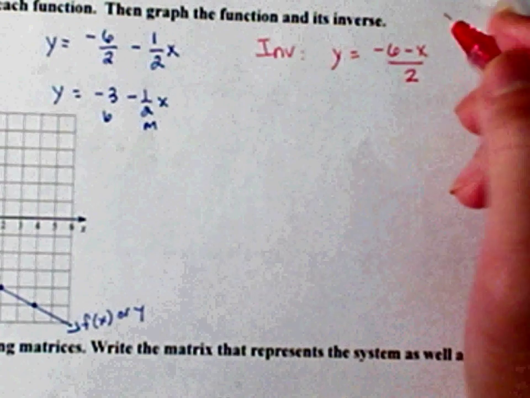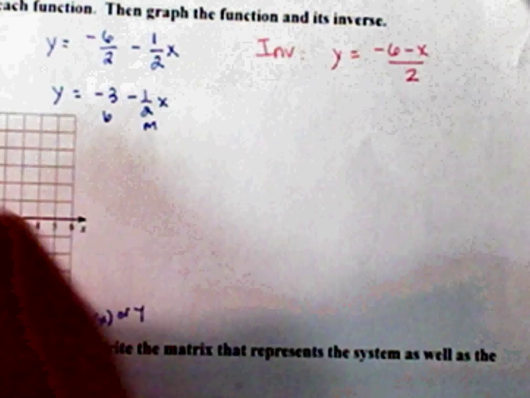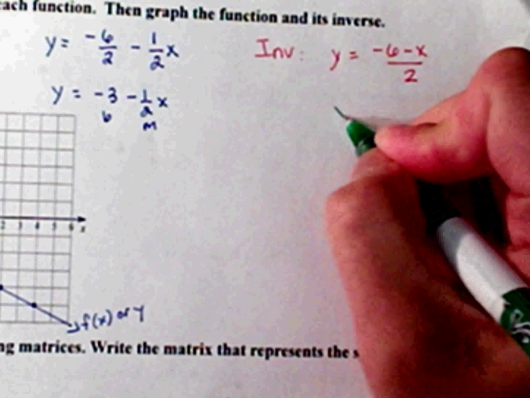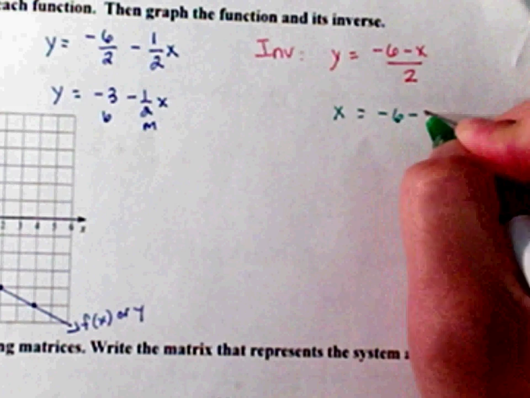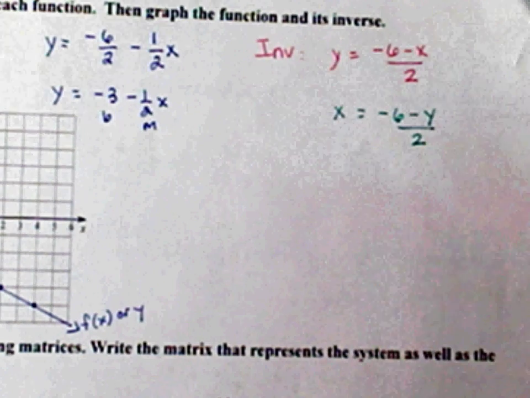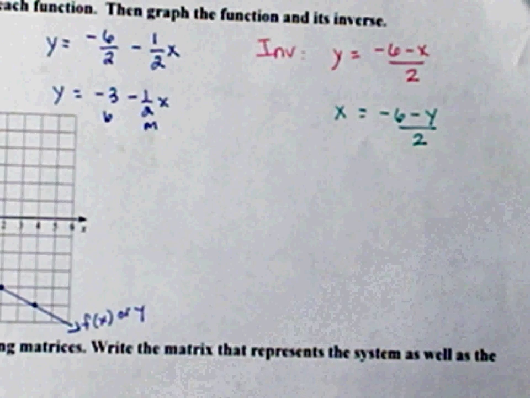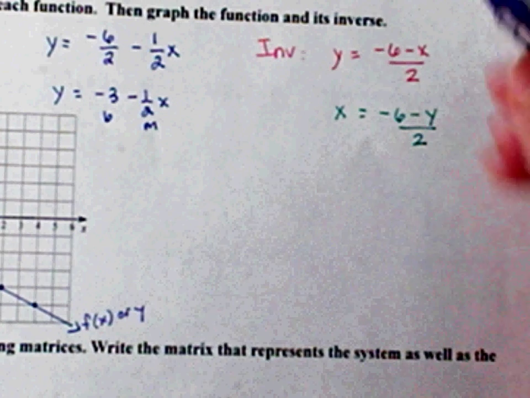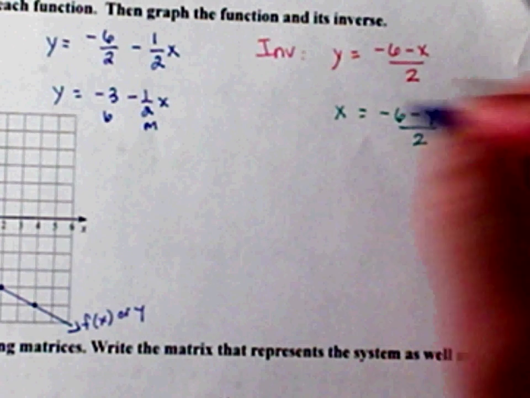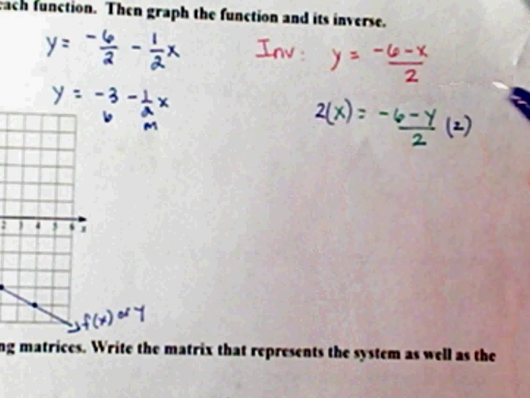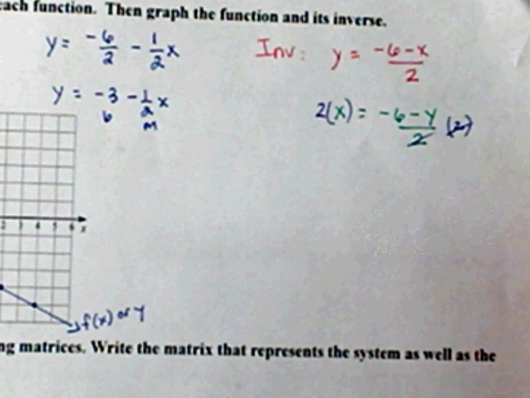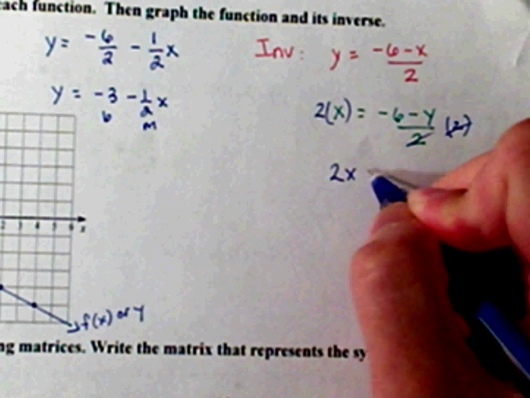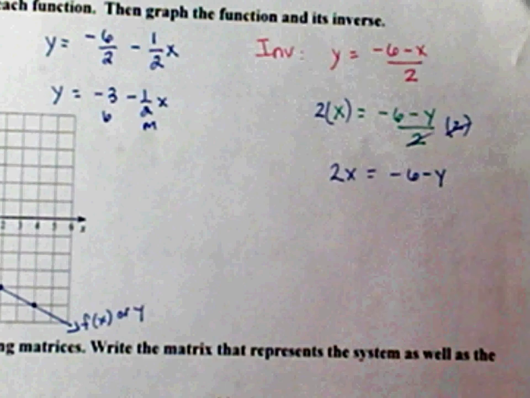Step number 1, you're going to switch your x and your y. So you have x equals negative 6 minus y divided by 2. Your next step, you're going to multiply both sides by 2. What you do to one side, you do to the other. That cancels. So now you have 2x equals negative 6 minus y.